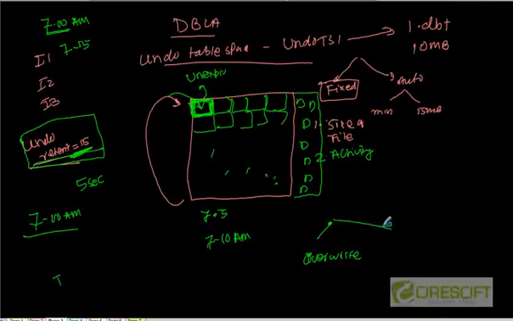Or another thing can happen: if we enable this tablespace using undo guarantee. There's another parameter called undo guarantee. If undo guarantee is enabled, in that case we cannot overwrite. So here is a scenario: say transaction T100 is trying to update something.